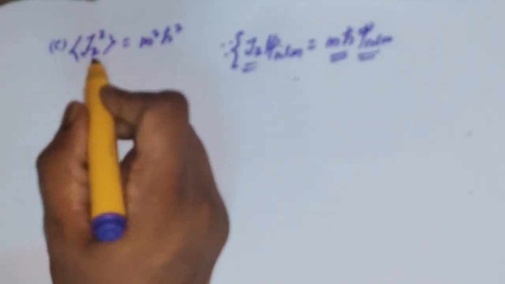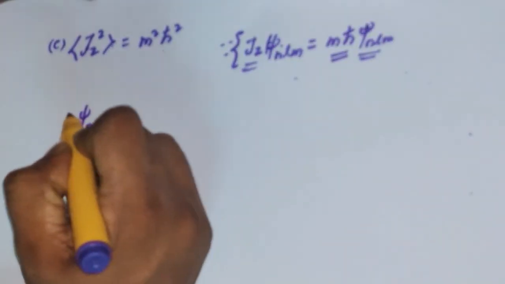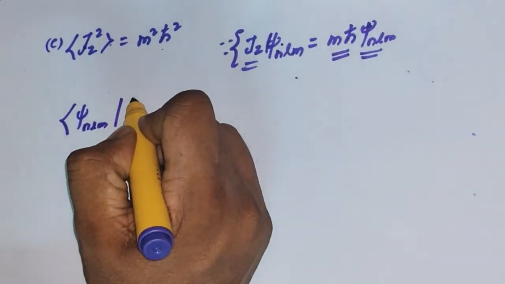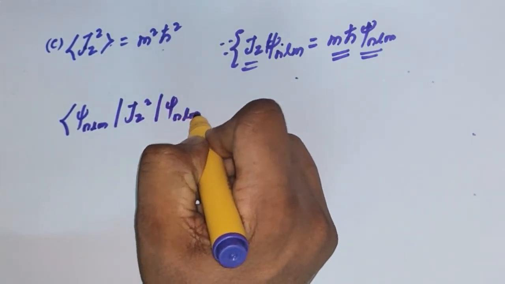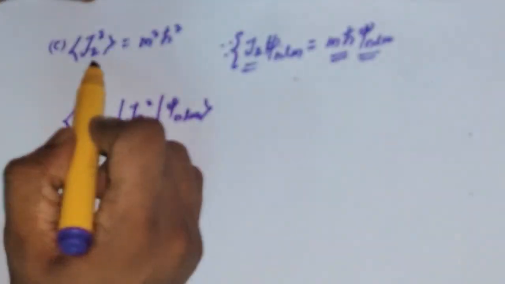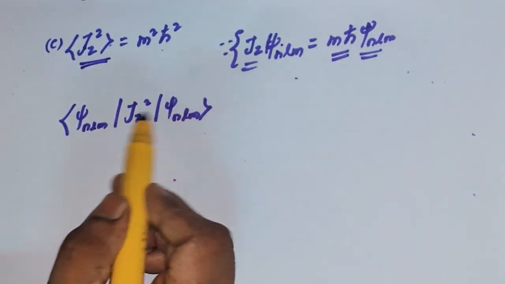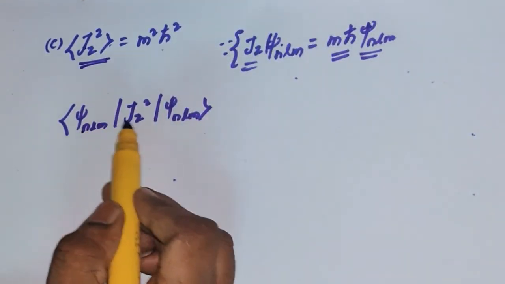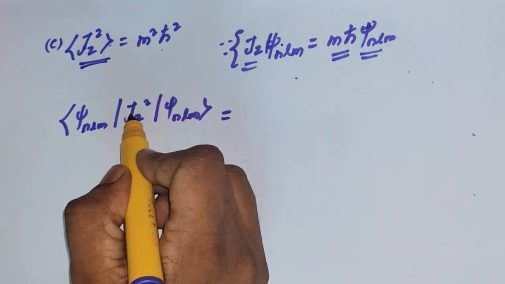The average value means the wave function psi nlm on the left-hand side, Jz square operating, and on the right-hand side also psi nlm. This is the meaning of the average value of Jz square, with a wave function on both the left and right sides.